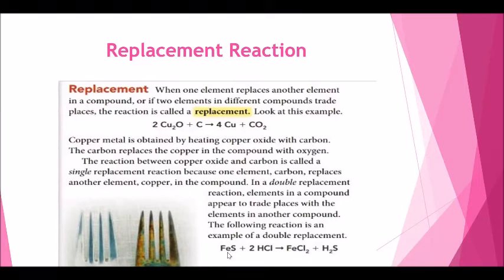So here the replacement process is doubled between Fe and H, which is ferrous and hydrogen. They replace each other in their compounds. So this one is called double replacement chemical reaction.